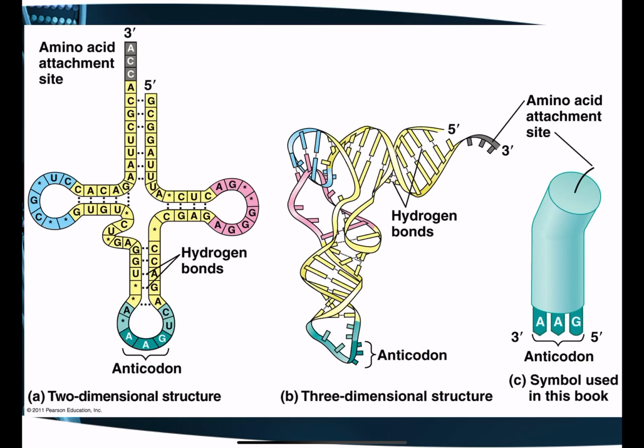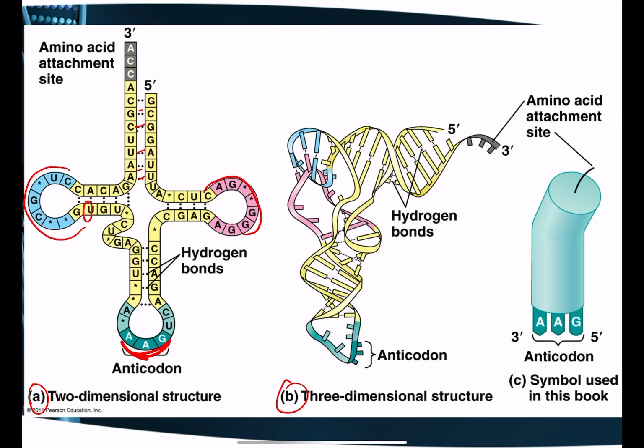So this is kind of a picture or a model of the tRNA. So this is the two-dimensional structure here in picture A. But notice at the bottom you have the anticodon. Also tRNA, it does kind of look like this when you lay it out flat. It has these loop-like structures. Notice that the tRNA, it's also made up of an RNA, so you've got those U's in it. It's a single structure that's folded on itself, and these dots represent hydrogen bonds that help hold those structures together.